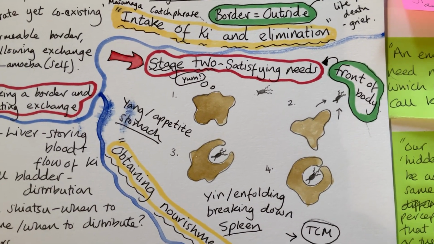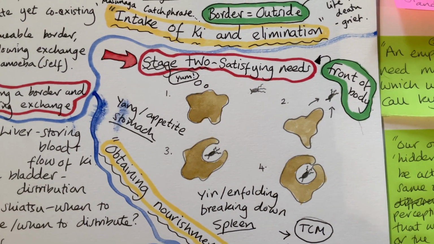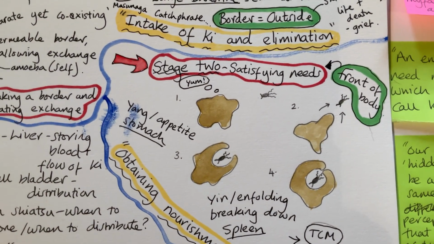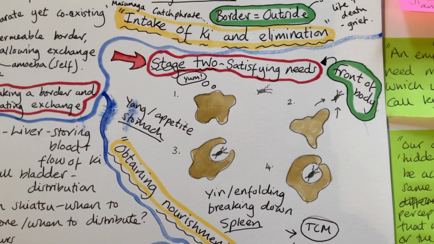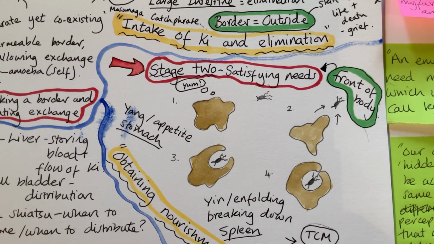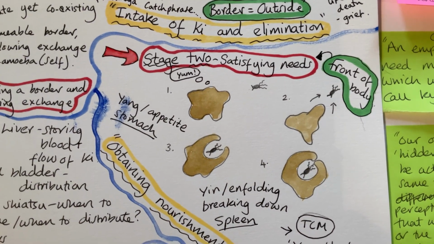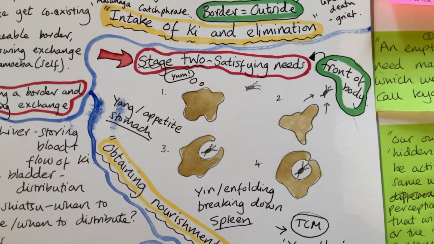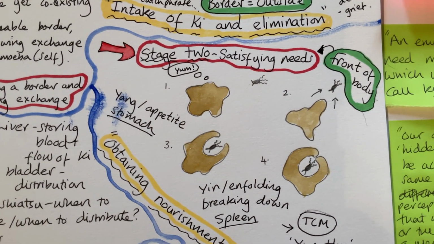So the amoeba, first of all, sees something that looks interesting and it makes it feel hungry. It thinks yum. This relates to the stomach meridian, which is the yang and appetite. So in part 2 of this stage, it moves towards the yummy thing, sends out a pseudopodium.